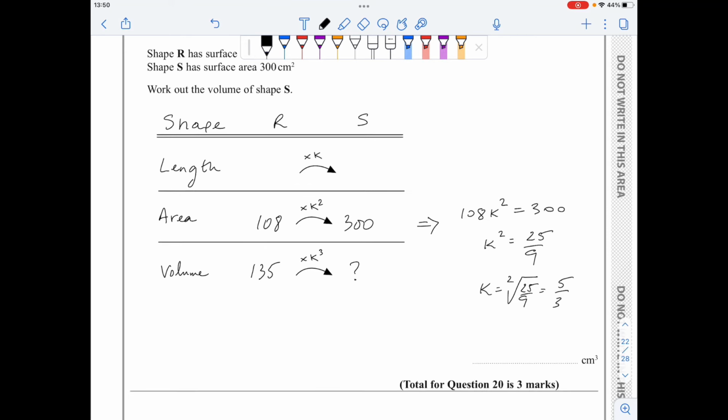So to find the volume of shape S, we'll just do 135 times 5 over 3 to the power of 3, and this comes out to be 625, which is my final answer.